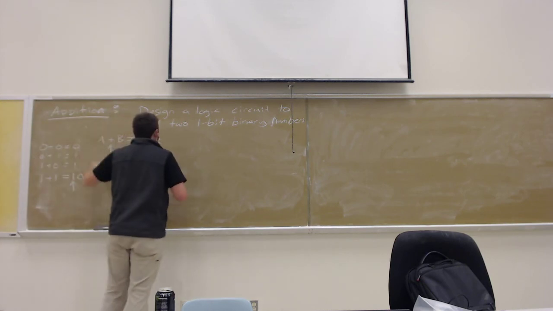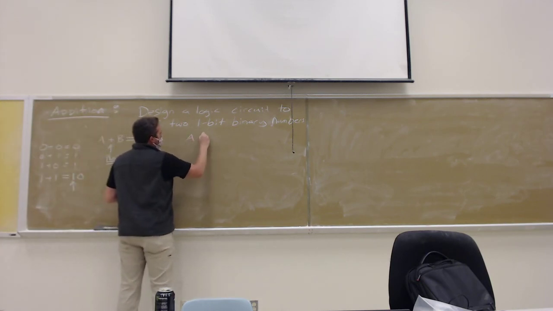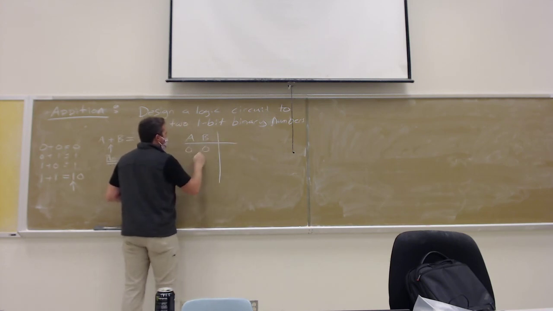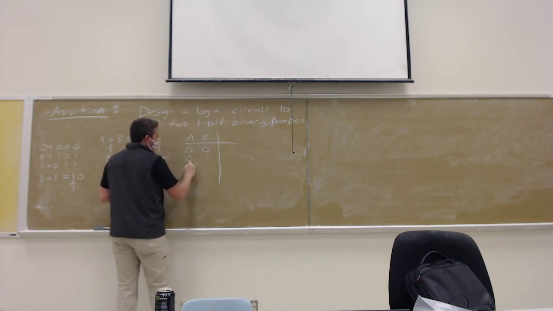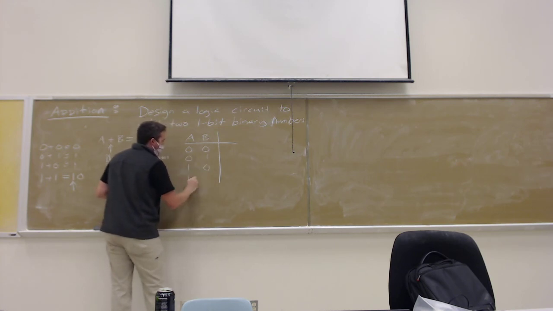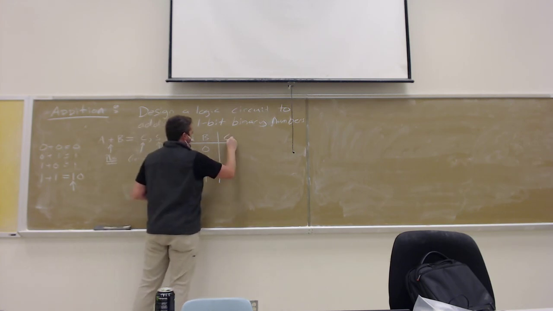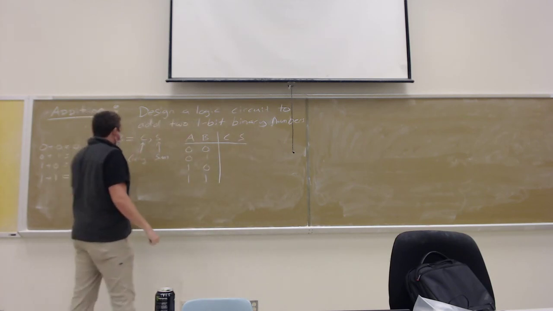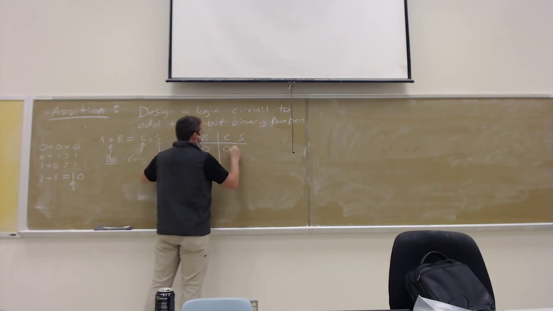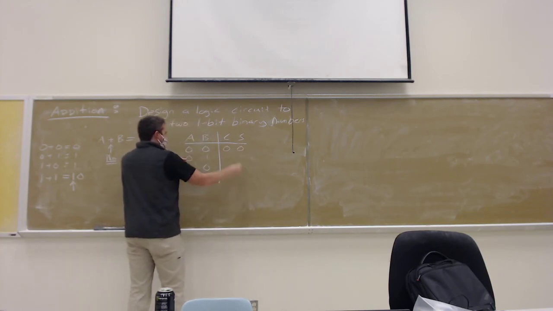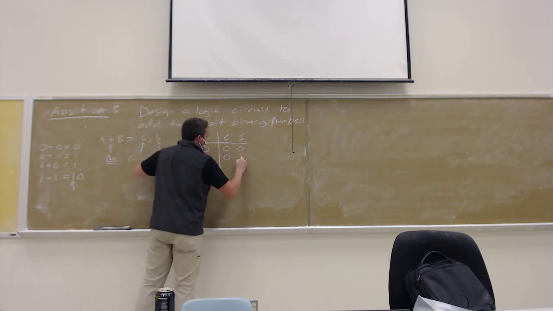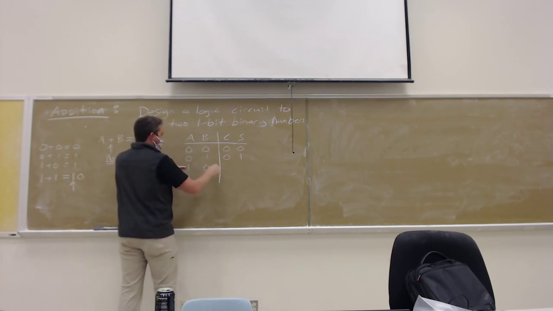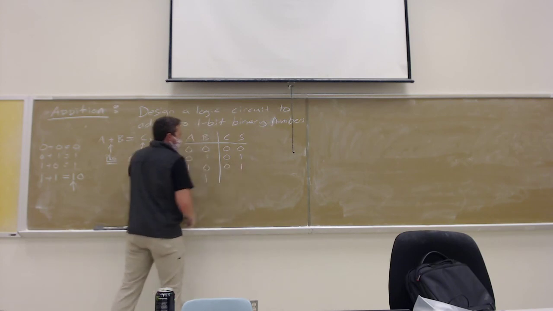We kind of already did it over here, but if we have A and B, it's going to be 0, 0, 0, 1, 1, 0, and 1, 1. And on the output side, I'll have C and S. Now we already did it. 0 plus 0 is going to give us 0, 0. 0 plus 1 is going to give us 0, 1. 1 plus 0, excuse me, is going to give us 0, 1 again.